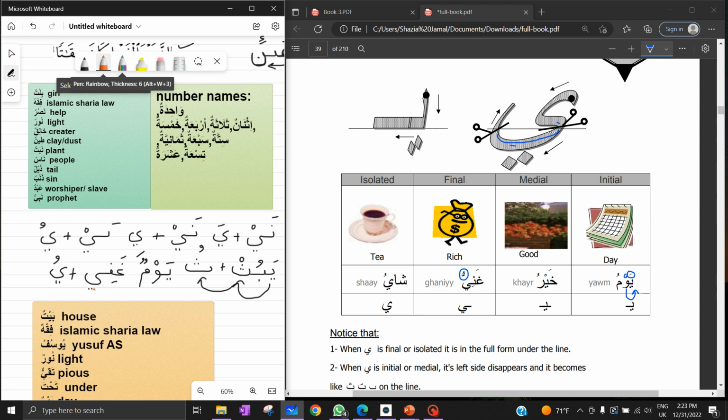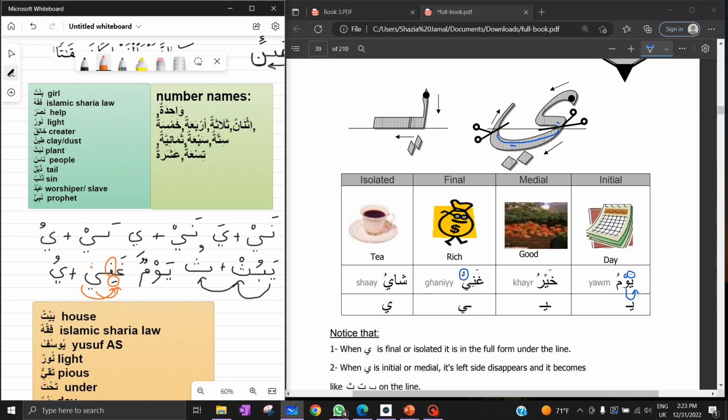We will check now. If it has a sukoon or not here, how will we check? We will check the previous letter. In this case, the previous letter noon has a kasra. As I've told you before, ya goes with kasra. Since it has a kasra, the corresponding haraka of ya, that means this ya is a long vowel, coming as a long vowel.